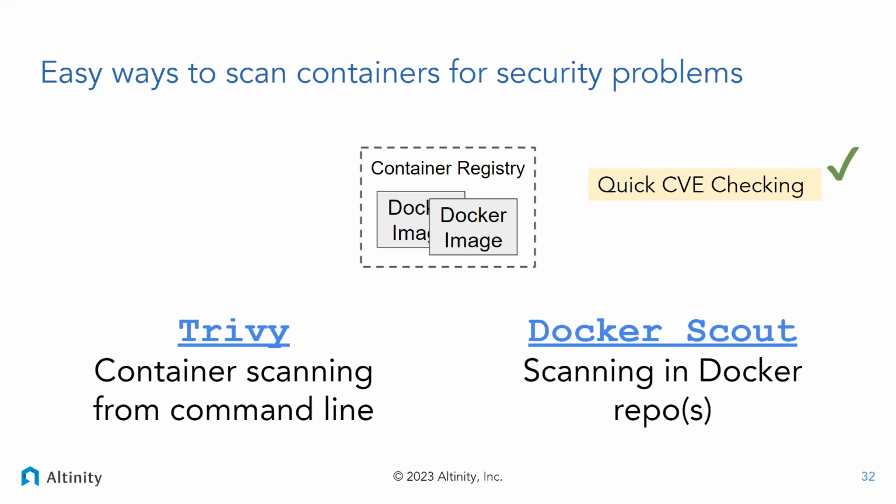So for example, we run Trivy and Docker Scout on all of our builds. They're both great. Trivy is excellent. It's like the easiest one to use. It works command line, and you can scan any container you want. I recommend doing it. So if we scan a ClickHouse container and we get a CVE marked high, we're going to stop the presses, find out what's going on, fix it, and then rebuild.